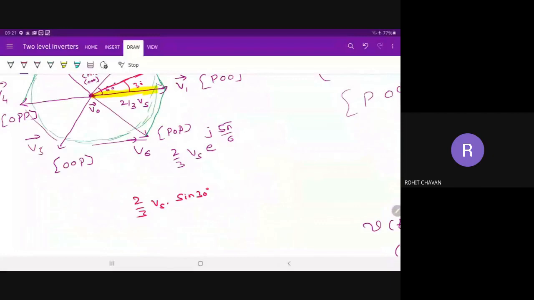Is that clear? Sine 30 degrees, or cos 30 degrees. Can anyone tell what is its magnitude?